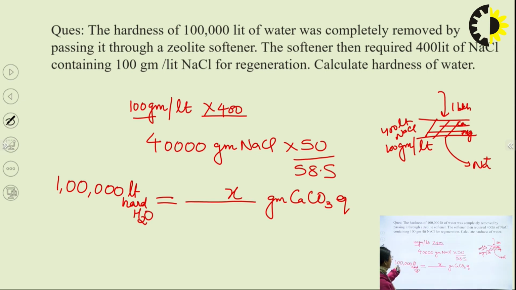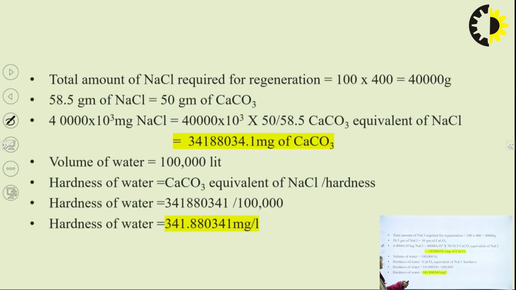So, when 1 lakh liters of hard water was passed, X gram of calcium carbonate equivalent hardness was produced. So, 1 liter of hard water is going to produce how much hardness? This is going to be our answer. Clear? So, I am going to show you in the next slide.